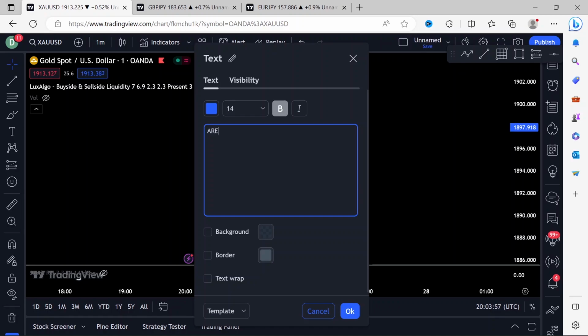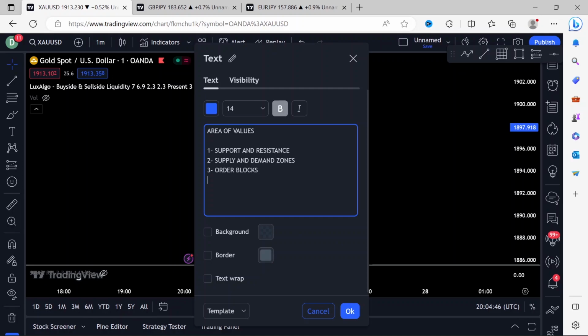Areas of value: we can have support and resistance, then we can have supply and demand zones, and what we call order blocks. So these are the three areas of value.